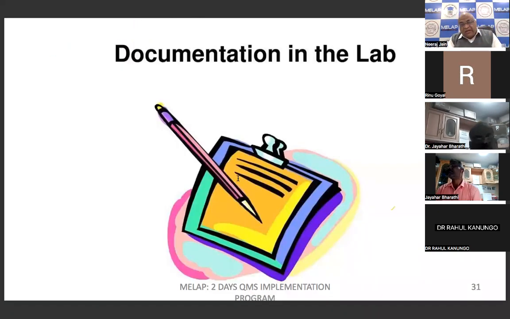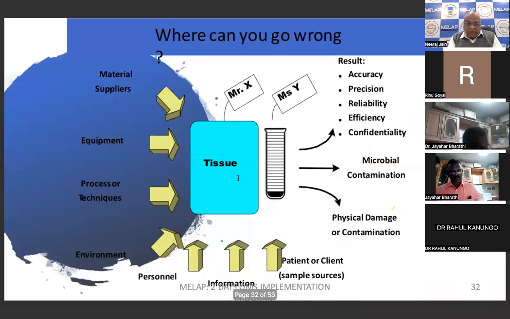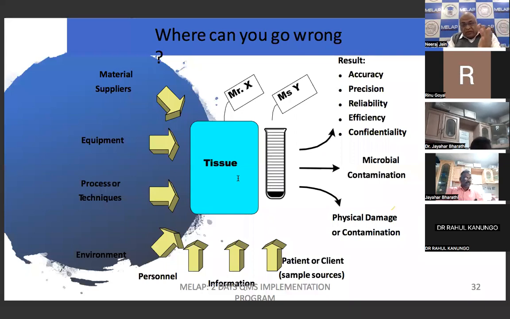Then certain documentation is important in the laboratory, because these are the areas where we can go wrong, maybe related to equipment, maybe related to our processes or techniques. If environmental conditions are not properly maintained, if personnel's competence is not assessed properly, whatever work they are carrying out in your laboratory, their competence shall be demonstrated and documented.